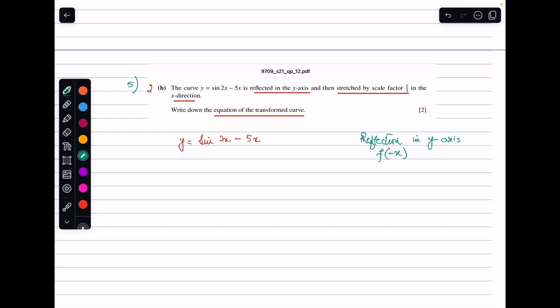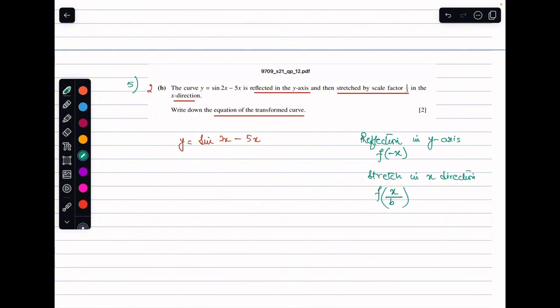And we know that the stretch in the x direction is given by f of x divided by b. So this is how we give the two transformations for reflection in the y-axis and the stretch in the x direction.